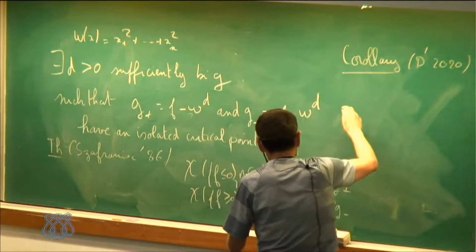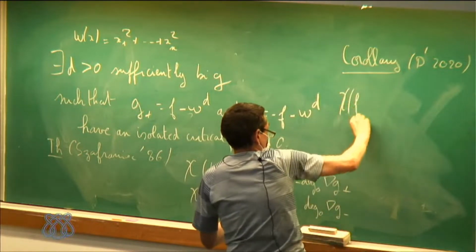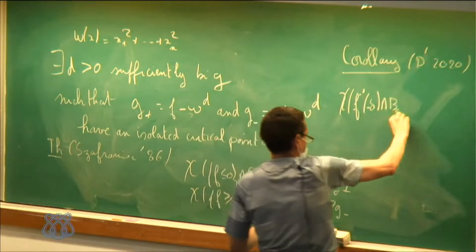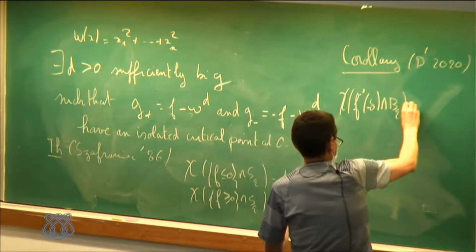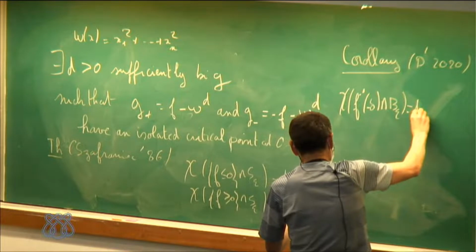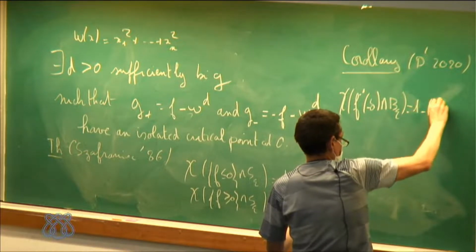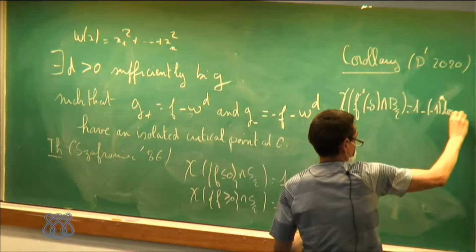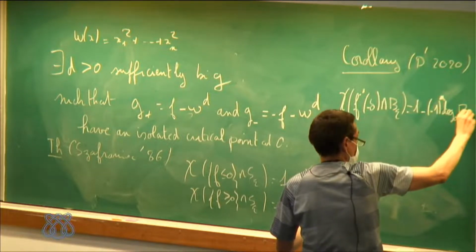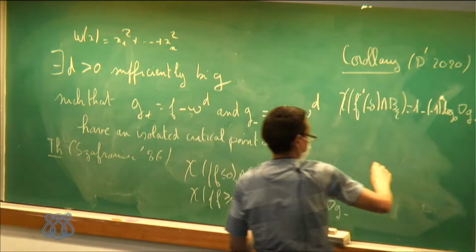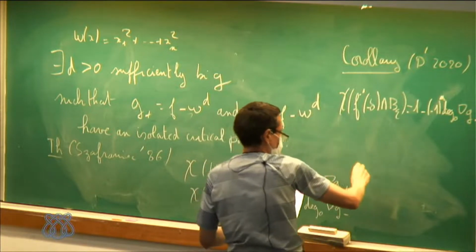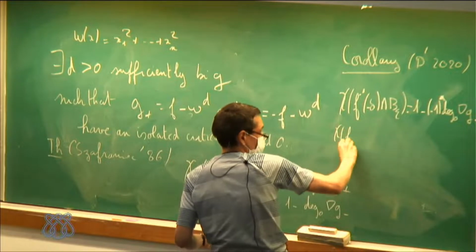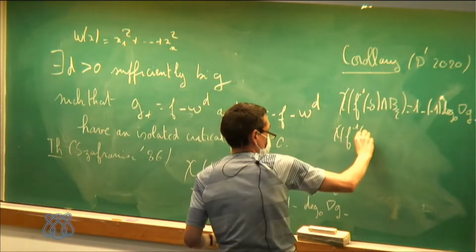So I just put the formula. The Euler characteristic of the negative Milnor fiber is 1 minus 1 to the n times the index, the local degree of the gradient of G minus, and for the positive Milnor fiber, we put G plus.